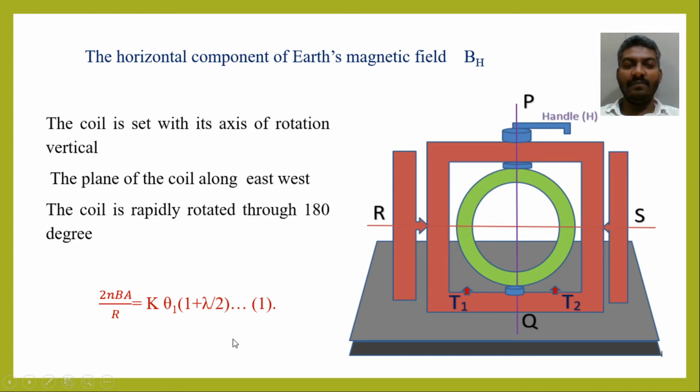From the theory of earth inductor, we write 2nBA divided by R is equal to k theta 1 into 1 plus lambda by 2. Here, this k can be eliminated. To eliminate this k, we need to pass some charges through the ballistic galvanometer.